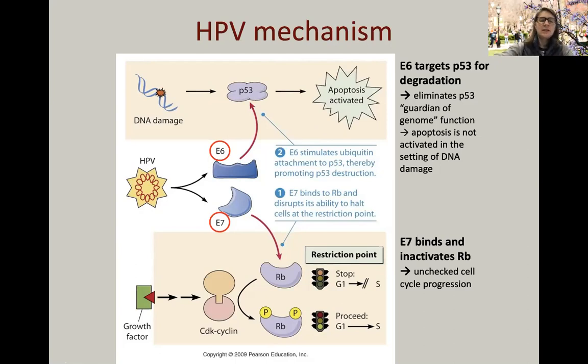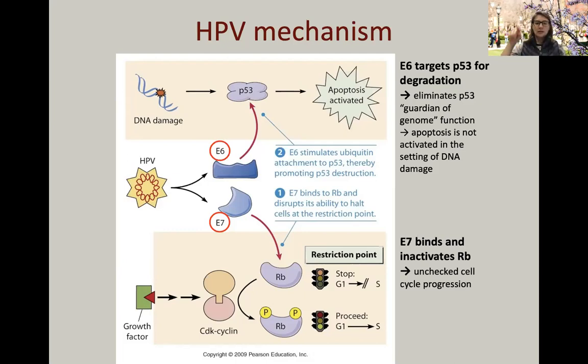E6 specifically targets P53 and E7 specifically targets retinoblastoma. Remember, P53 is your guardian of the genome. Once you remove function of P53, you don't activate apoptosis in the setting of DNA damage. You preserve abnormal DNA, therefore leading to carcinogenesis.